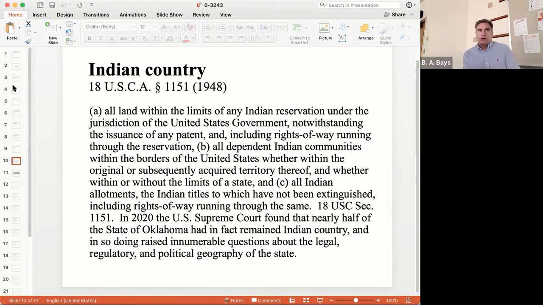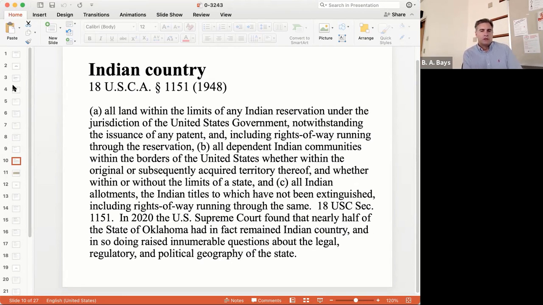Well, okay, let's say my daughter's house. Could that ever be Indian country? Not with her just owning it. What about if the Cherokee Nation wanted to make that land that it bought Indian country? What would it need to do? Could it do it? In most cases, yeah, it could do that.